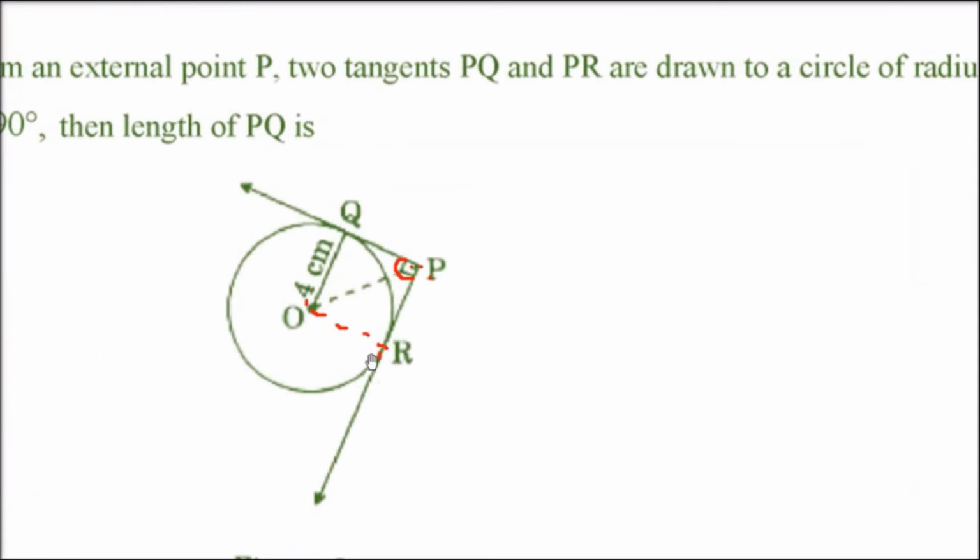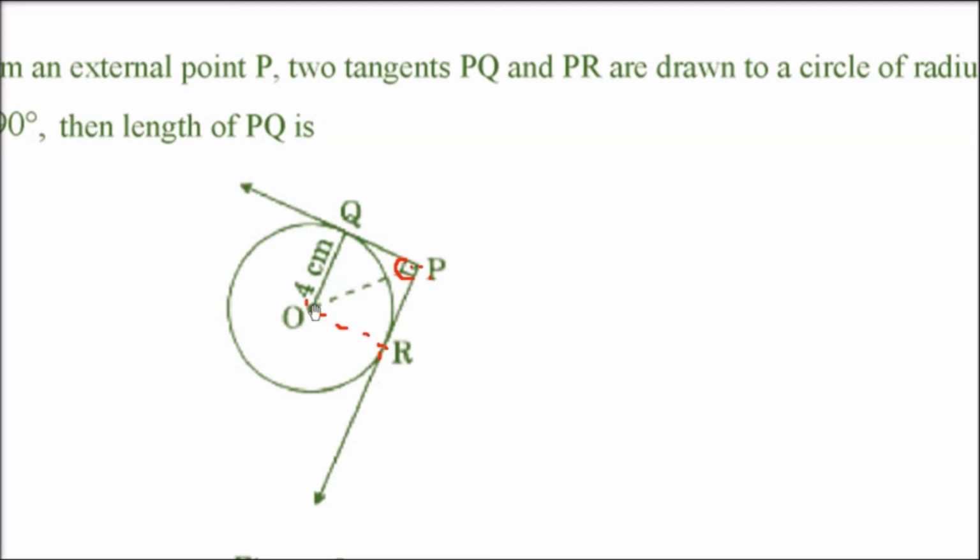In these two triangles OQP and ORP, first, OQ is equal to OR. Also, from a point, when two tangents are drawn, their lengths are equal, so we have PQ equals PR, and also angle OQP and angle ORP are equal to 90 degrees.